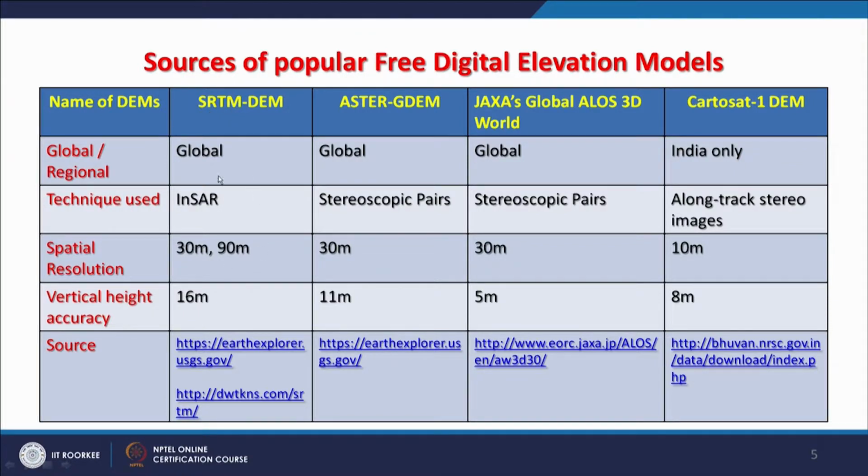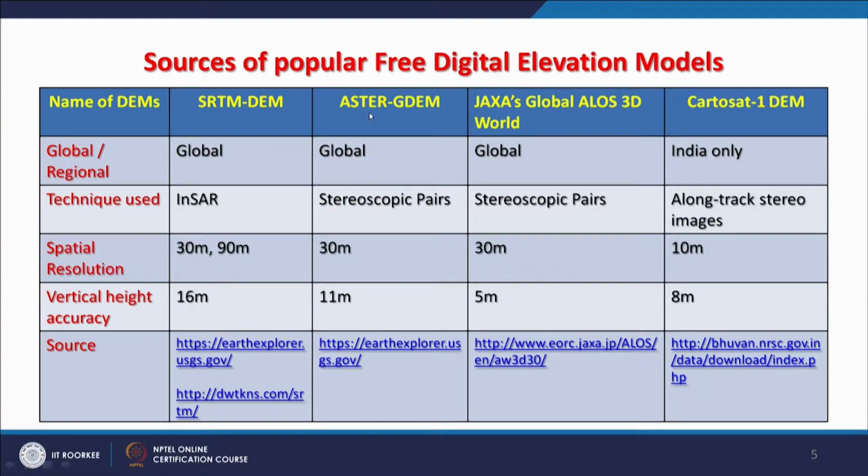Now these sites have already processed the data and removed the voids, which was a big problem, as we also discussed during this course, the issues of voids in the InSAR data. So now most of the sites shown here are providing data which is completely void free.